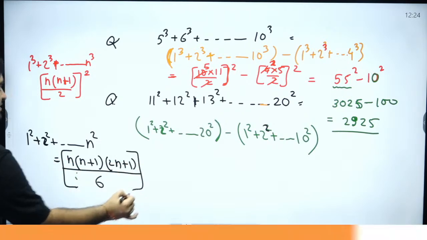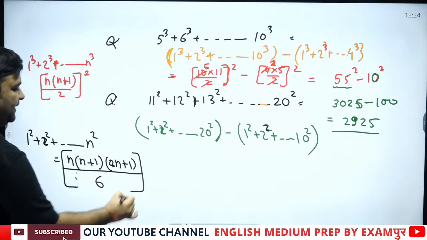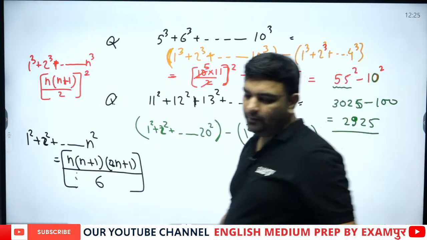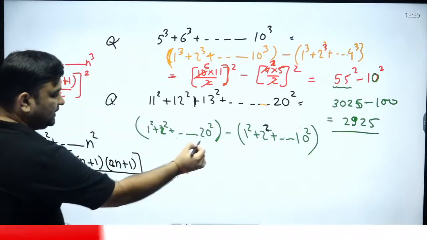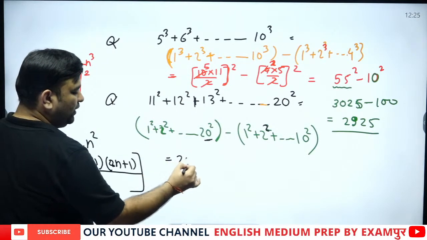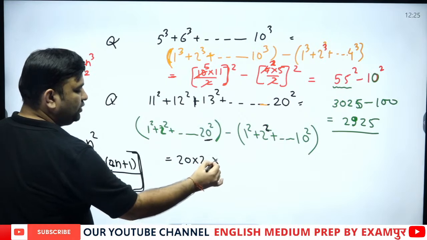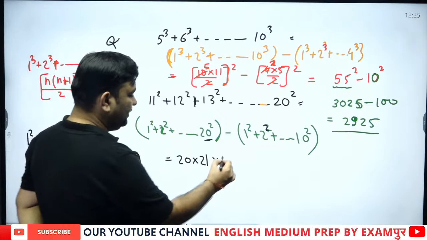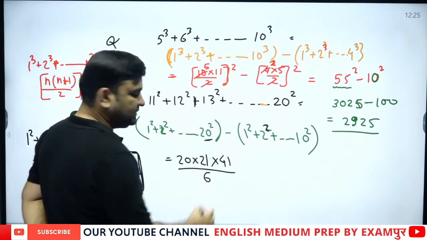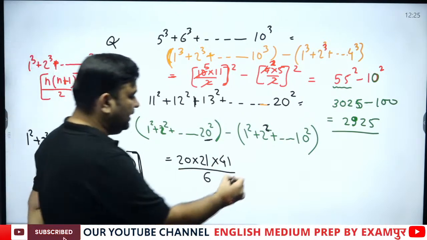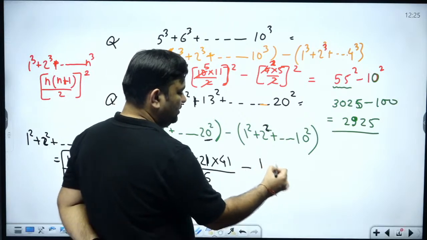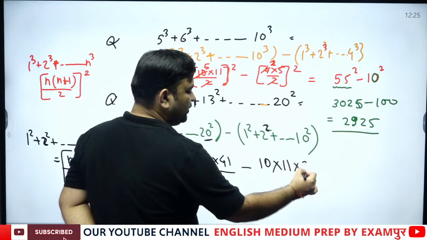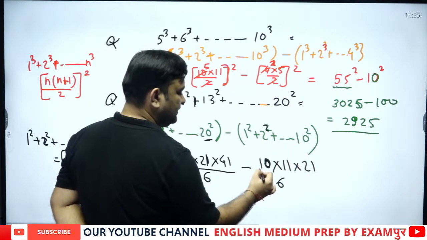So here n is 20, n plus 1 is 21, 2n plus 1 is 41, divided by 6. And here n is 10, n plus 1 is 11, 2n plus 1 is 21, divided by 6.